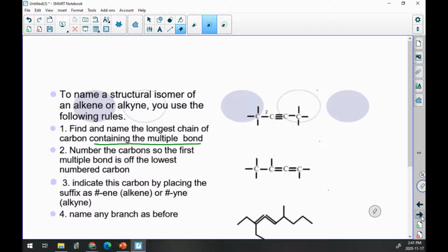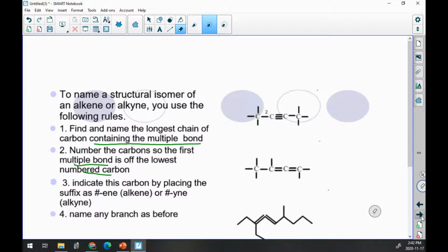We're going to number so the multiple bond is off the lowest numbered carbon. When we did alkanes, we were worried about the branches, but multiple bonds trump branches. That's the most important part. We can deal with the branches later on, but we want to know where that multiple bond is, and we want to put it in our lowest.